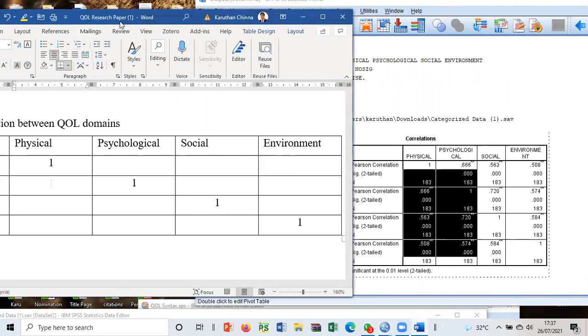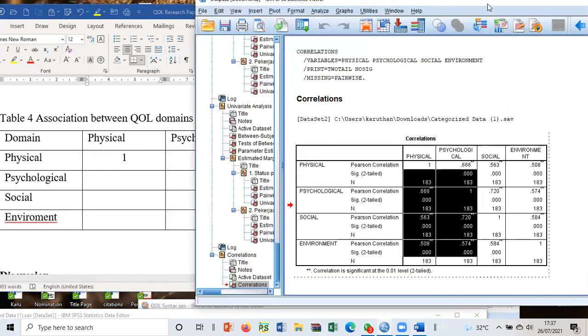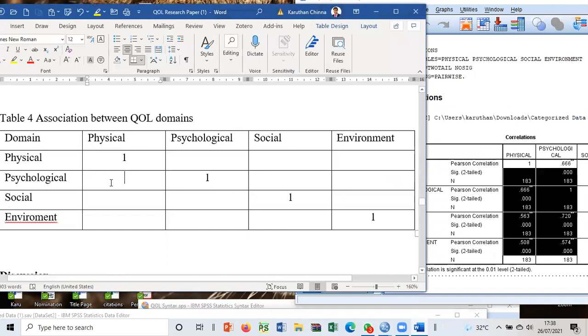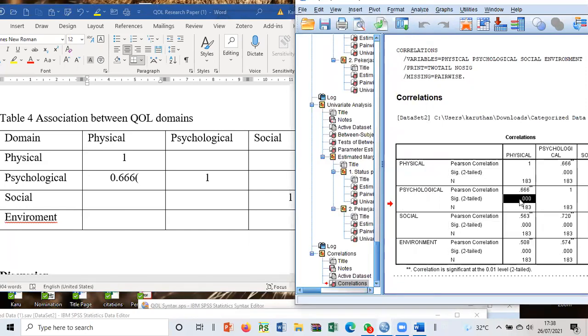Okay, first value, physical and psychological. So what is this value? 0.666, okay? Bracket. What's the p-value? Less than, don't say 0, 0.001.